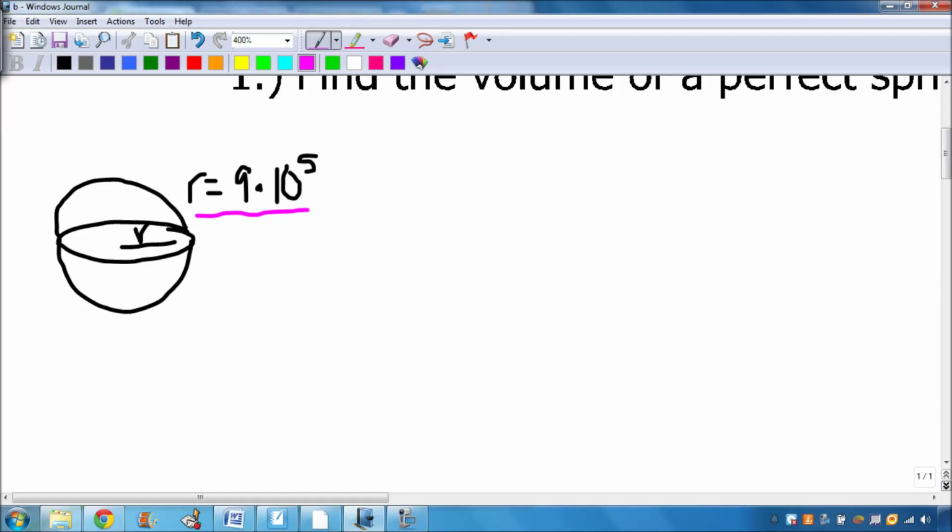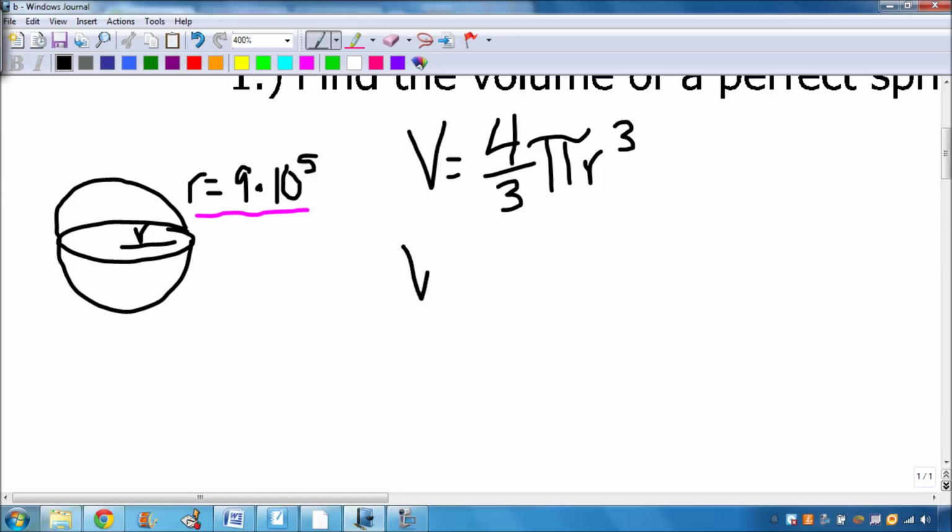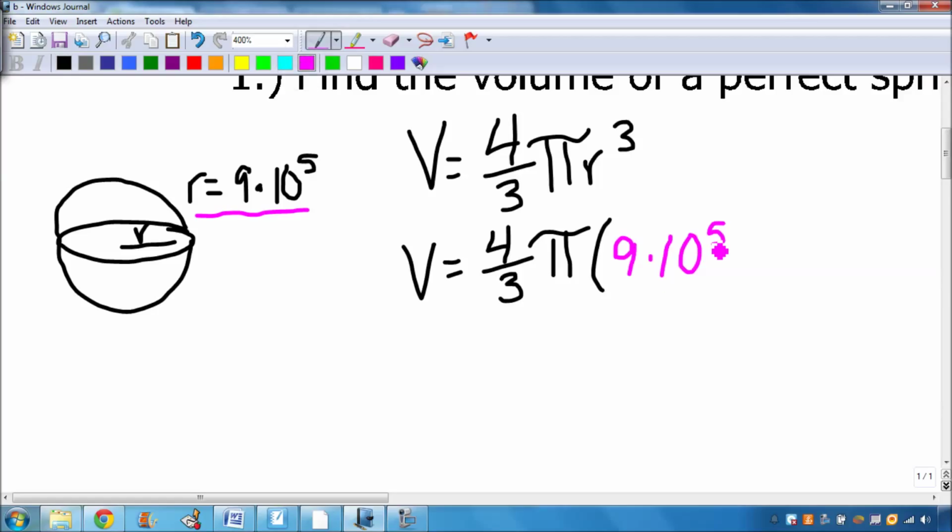So the formula for the volume of a sphere is 4/3 pi r cubed, and we know what the radius is. So I'm going to say V equals 4/3 pi times 9 times 10 to the 5th power, all of it raised to the 3rd power.